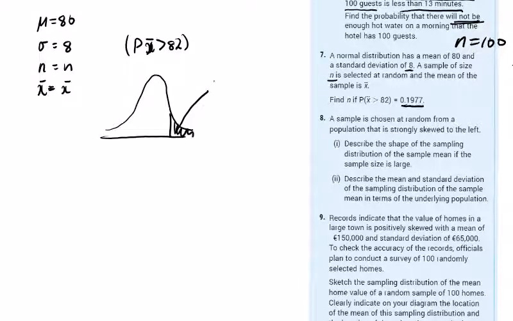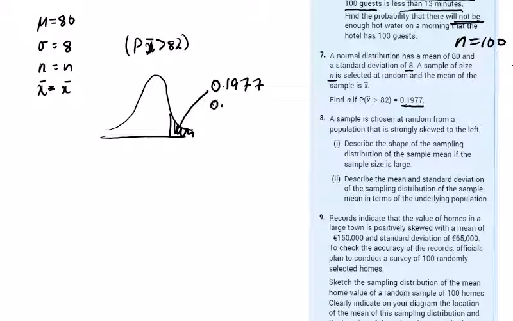So we want to see what we have first to start with. When we have this 0.1977, it is telling us that the probability that x bar is greater than 82 is going to be a tail that's worth, this tail here, 0.1977.